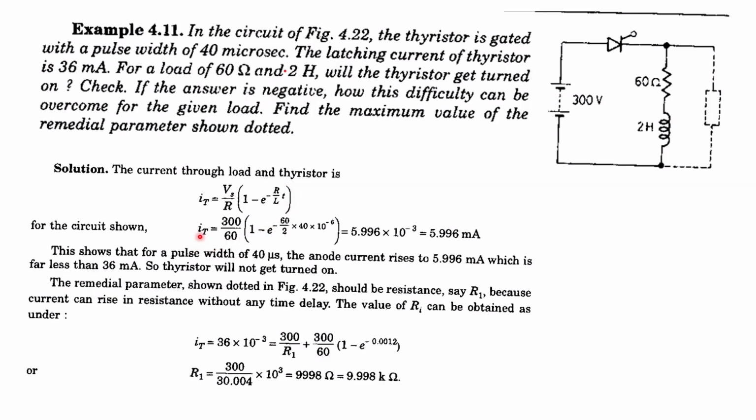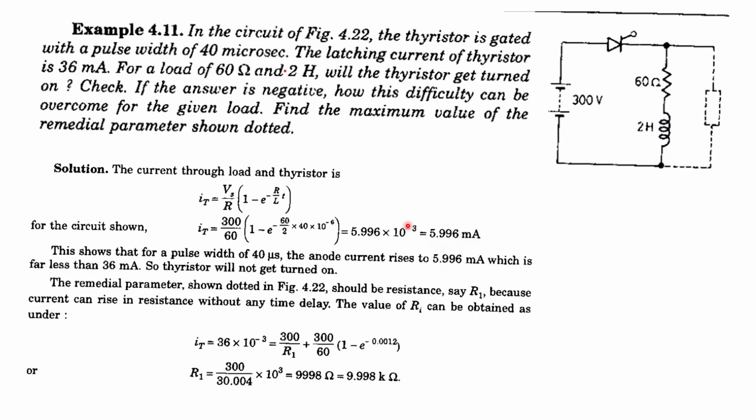Here i(t) equals Vs 300 volts divided by the load R 60 ohms, times 1 minus e to the power minus 60 by 2 multiplied with 40 microseconds, which is given over here. Hence it is coming as 5.996 milliamps.